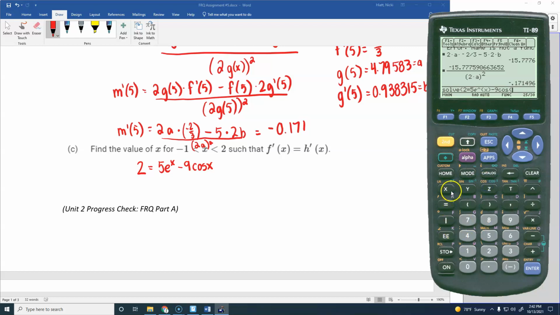Now, it may give us something crazy. We may have to revert back here. Make sure when you do solve, you're going to type in the equation, comma x. It's going to take it a while. It's telling you, warning, more solutions may exist. That's always when you know something crazy.